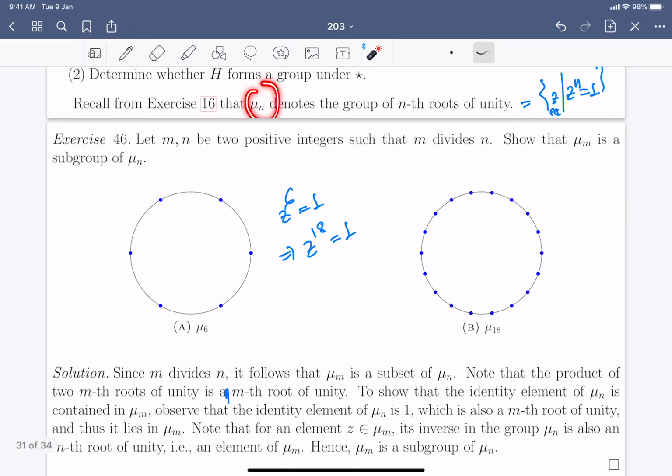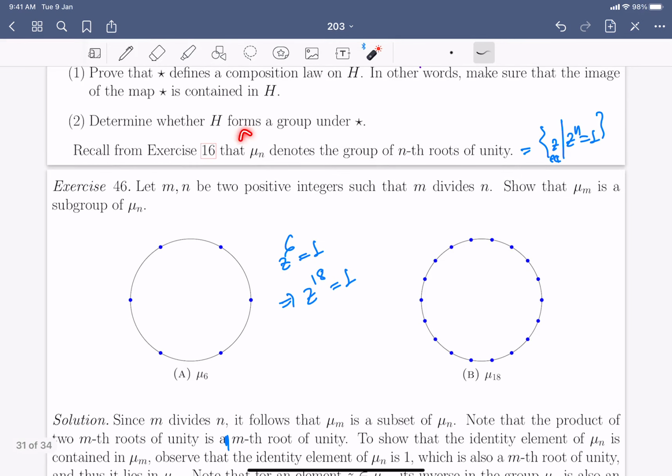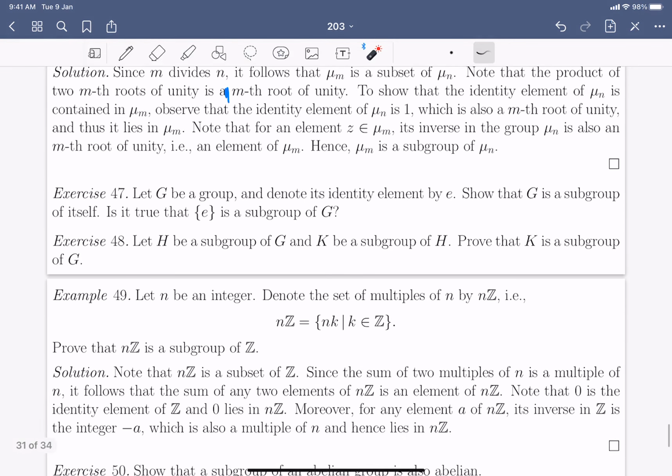This gives an interesting family of groups. You know that mu n contains exactly n elements. So for each positive integer n, there is a group containing exactly n elements. If you have 5, you look at mu 5. If you have 100, you look at mu 100, and so on. And if you have n, you just look at mu n, okay?